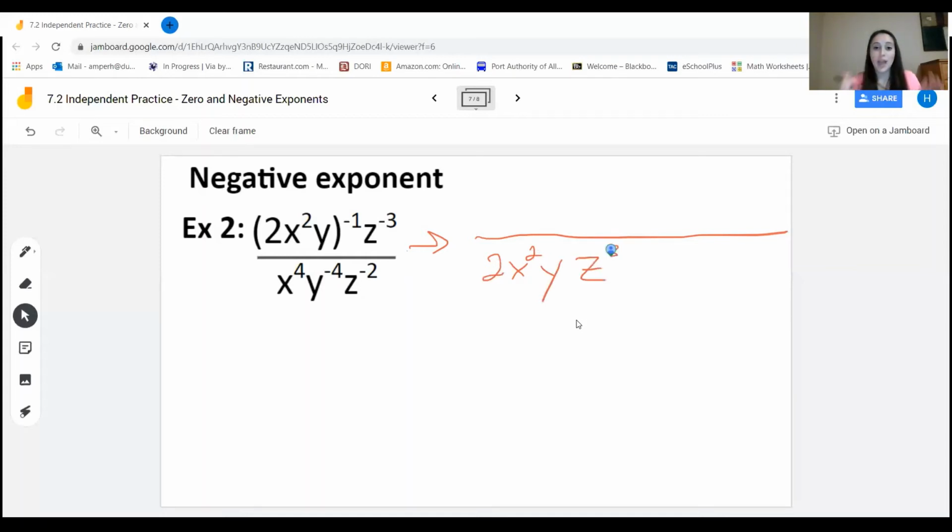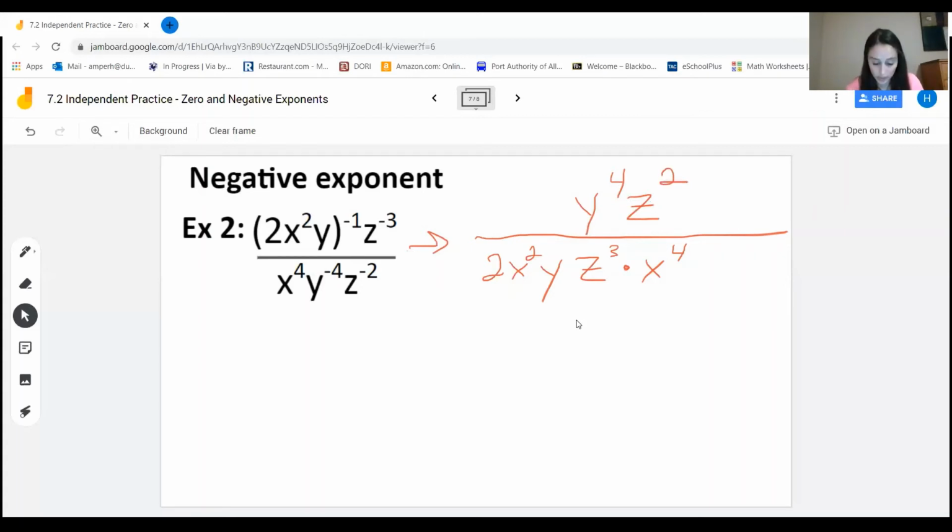Okay, remember the act of moving it is actually getting rid of that negative exponent. But we're still left with a positive x to the 4, because we're not moving that, it doesn't have a negative exponent. But now we are moving a y to the 4 on top and a z to the 2 on top, okay?